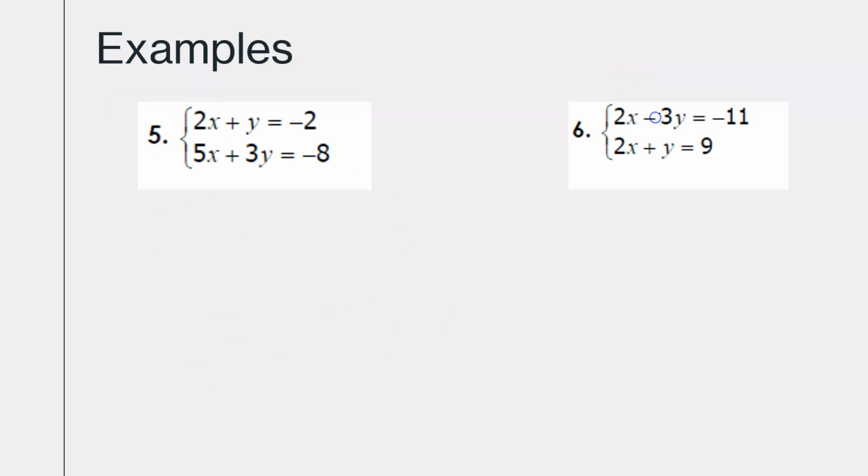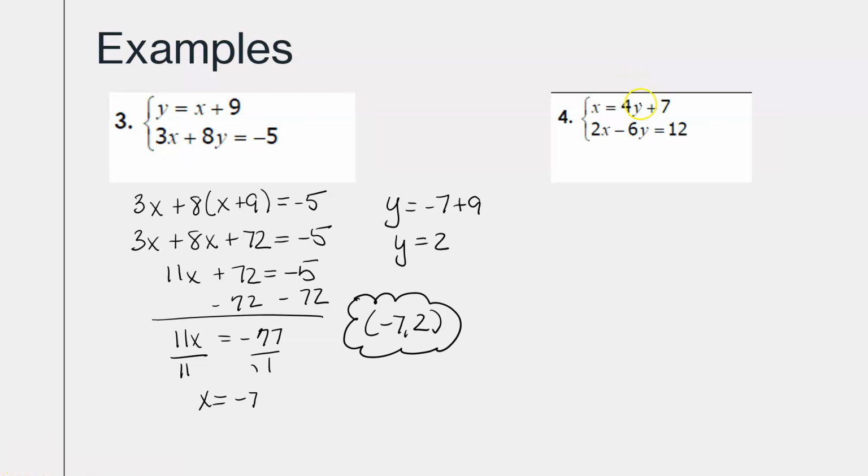So we're going to take what x is equal to, and plug it in for x. If it says x is equal, you better make sure you're plugging that in for x, not y. So I have 2 times the quantity of 4y plus 7 minus 6y equals 12. So when I distribute, I have 8y plus 14 minus 6y equals 12.